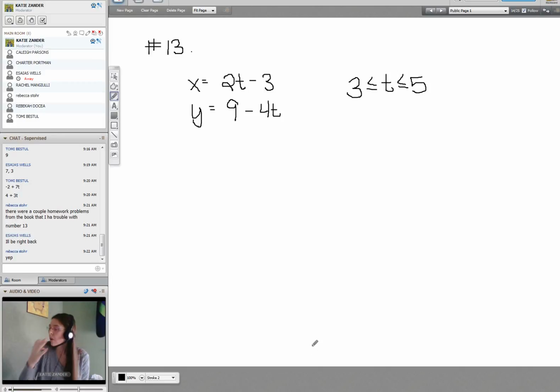All right, so we want to go ahead and create an equation, so that means we have to isolate t in one of the equations they gave us, x or y. I generally try to start with the x one if I can. So to isolate the t there, what needs to be done?